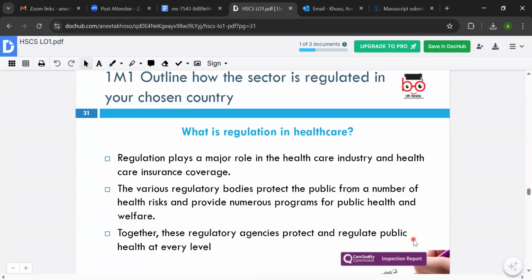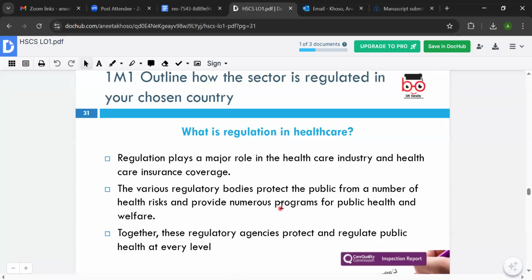How do we regulate healthcare? So here we learn about the process of regulation in healthcare. Okay, because this is a huge sector, the health and social care sector, how is it regulated?